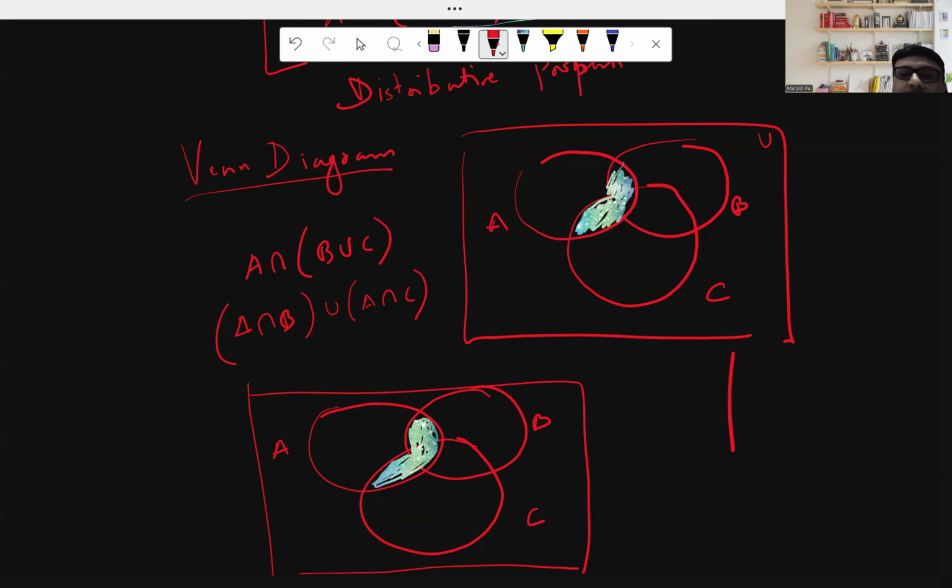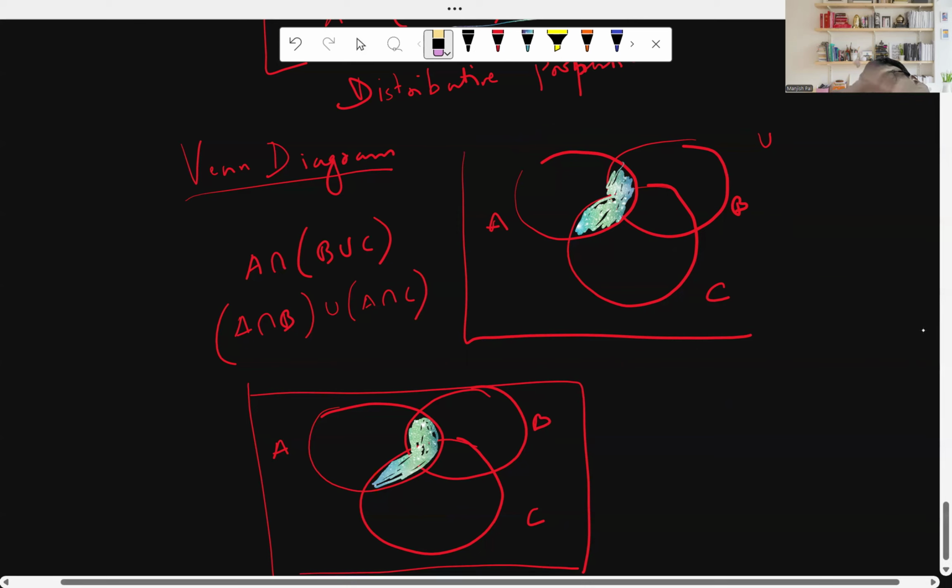So equality of sets, if you want to prove it more formally, as we discussed, the equality of two sets can be proven.